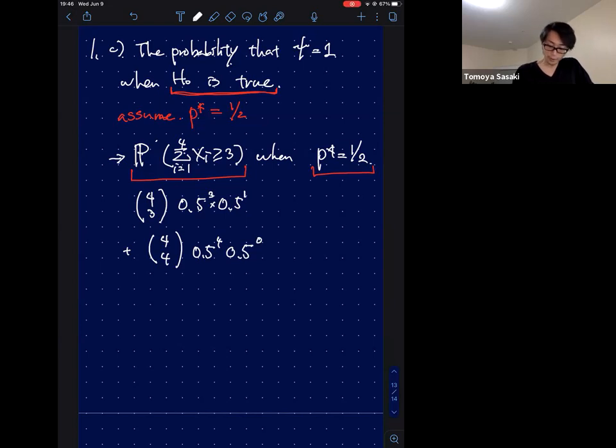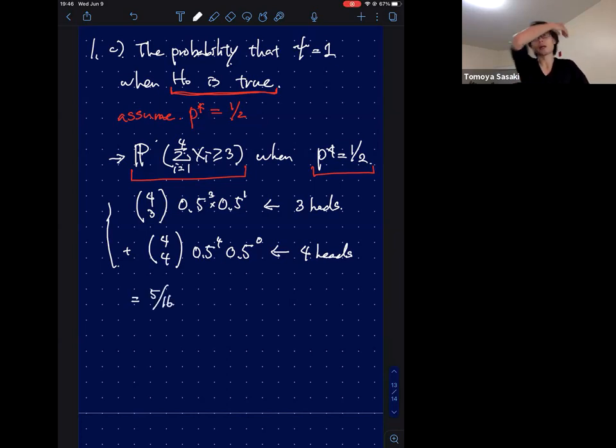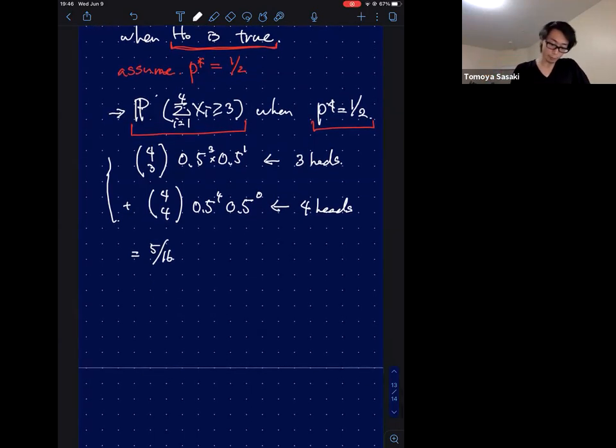This is the situation where we got 3 heads, and this is the situation where we got 4 heads, right? We're just going back to the definition of the binomial distribution. And this is going to give you, actually, 5/16 as the probability from this computation.